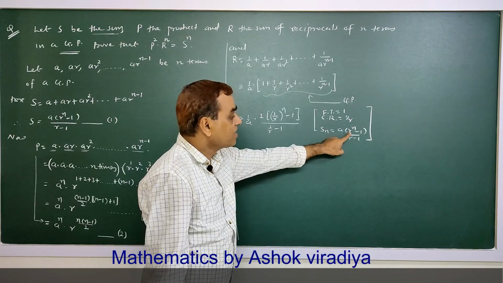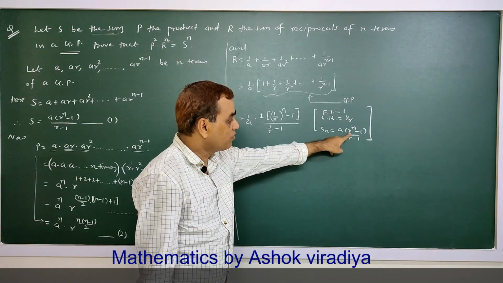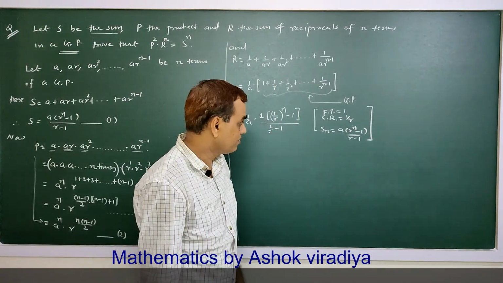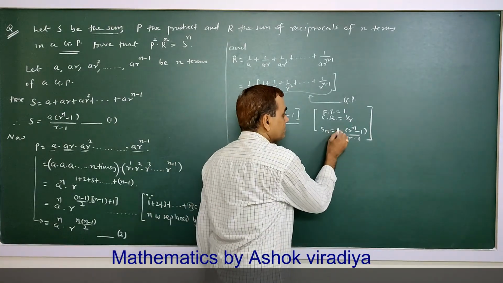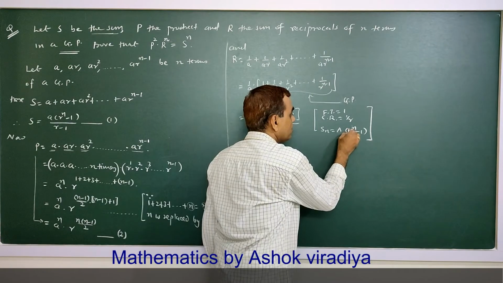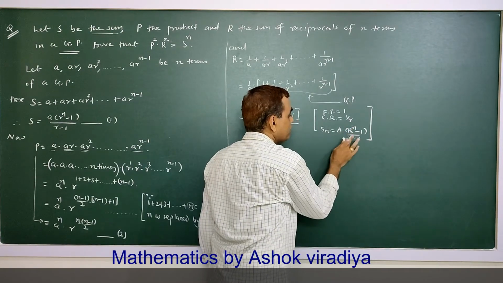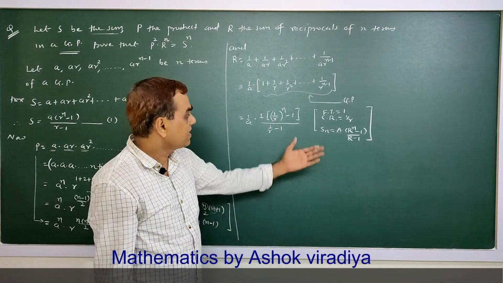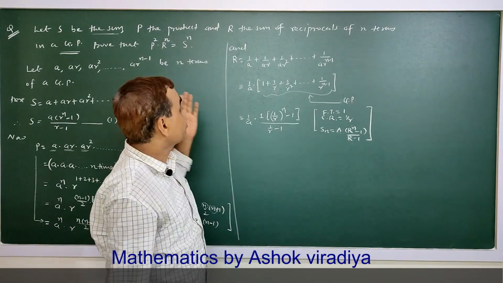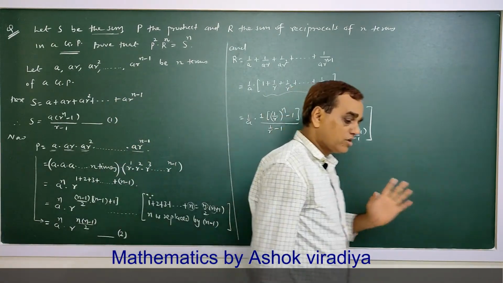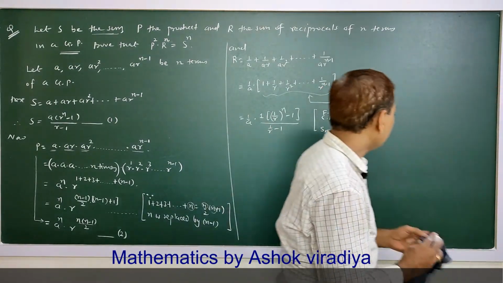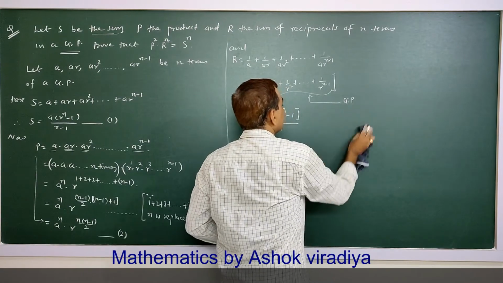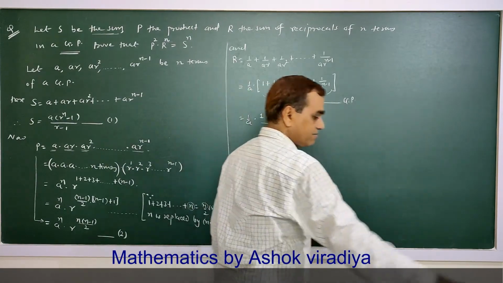In the formula, small r is the common ratio, and here its value is 1 upon R. Here 1 upon R is the ratio. Let me change the symbols here: a into r raised to n minus 1 upon r minus 1. But the same symbols are also used in this question, so we should not use the same symbol. So keep in mind that here we are using the formula for the sum of n terms of GP.